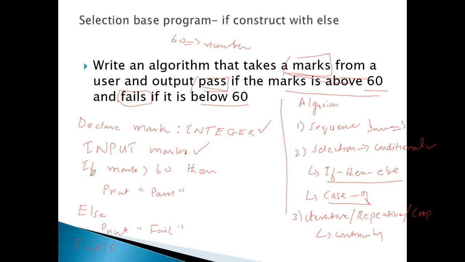Then computer will check your condition. I have provided a condition: if marks greater than 60. If this condition is true, then this statement will run. If this condition is not true, then the system will show fail, and then end if. So here you can see how to make an if then else program.